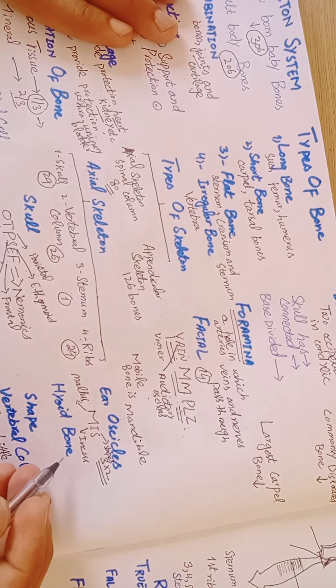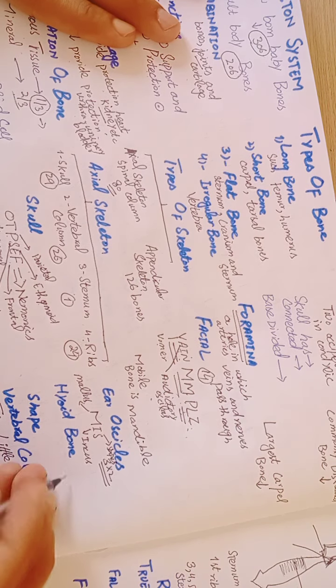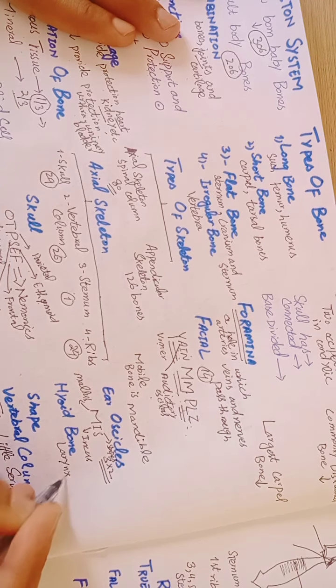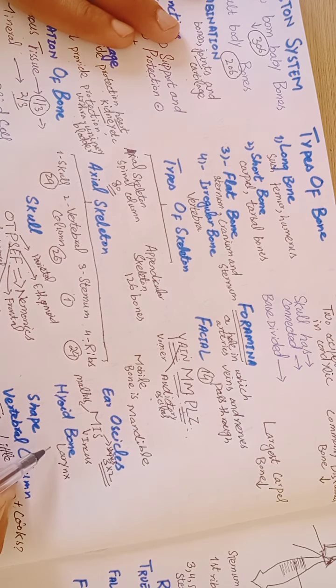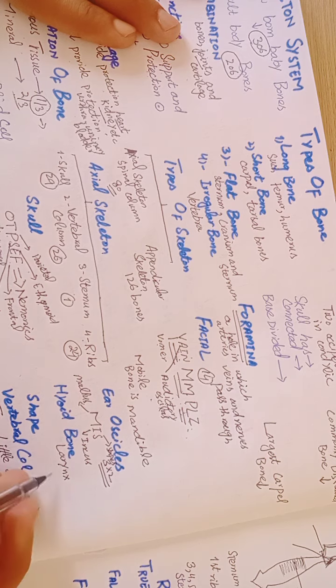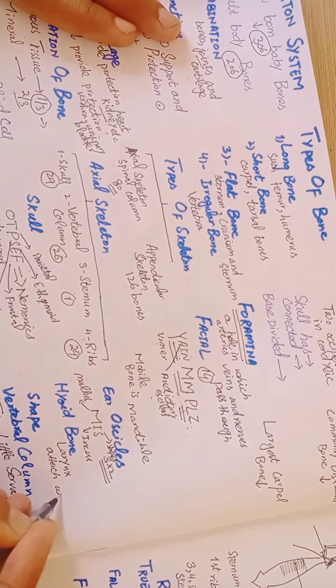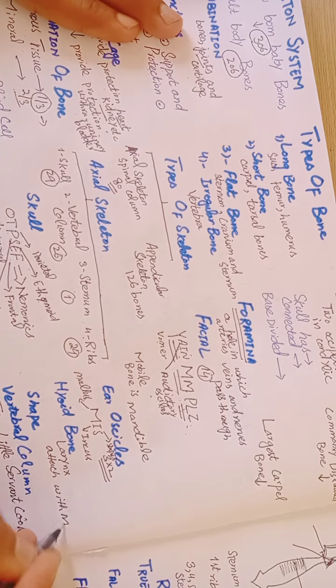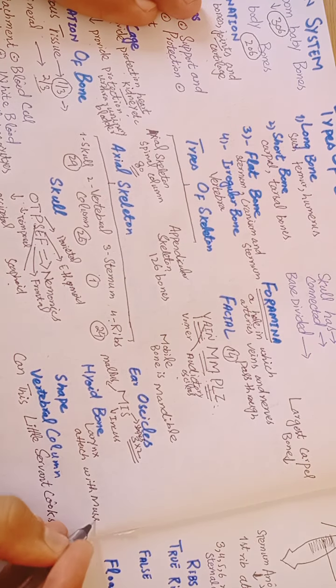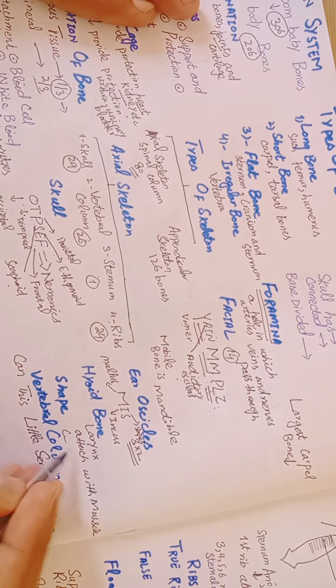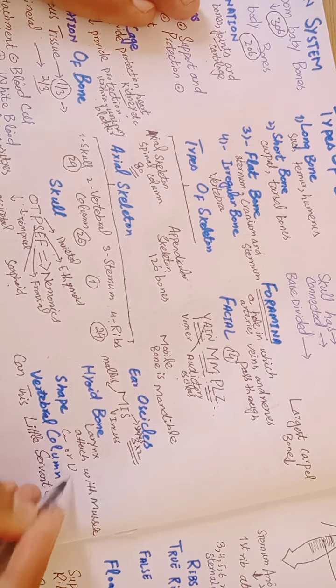The hyoid bone is the only bone above the larynx. The hyoid bone is the only bone that does not attach with another bone but with muscle. Shape: C shape or U shape.